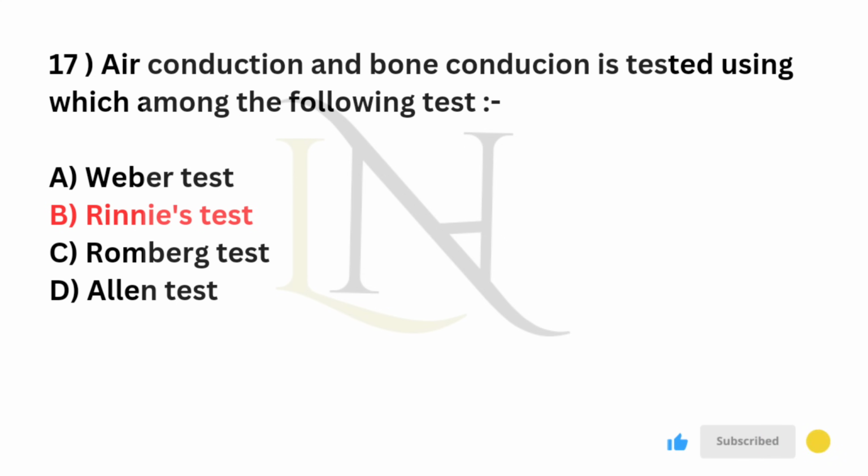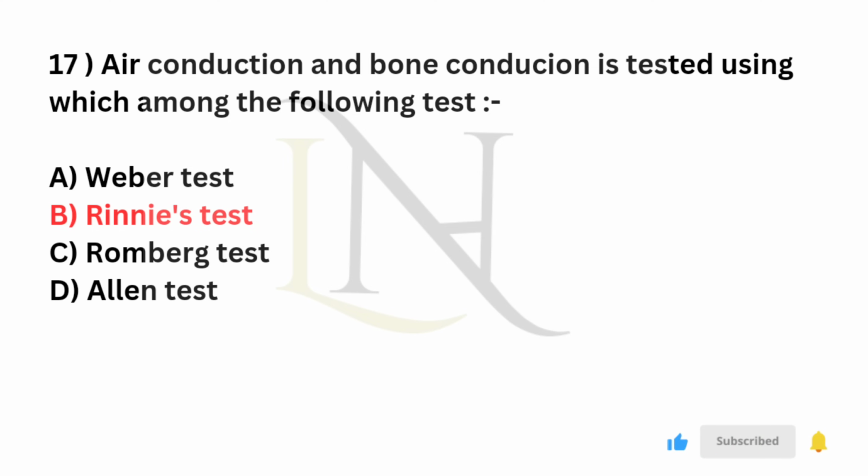Romberg test we use to examine neurological function for balance, and Allen's test we use to check the patency of the ulnar artery while taking an ABG sample.